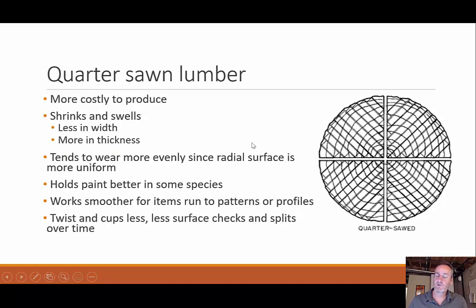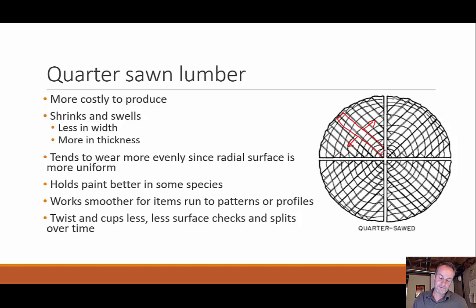Now looking at quarter sawn, this is a more expensive process, however it has many more advantages. It does shrink and swell less in the width and more in the thickness, and you should be able to see that, right? Because we said in the radial direction the shrinking and swelling is less, but it'll have more in that direction. So kind of the opposite of what we had with our plain sawn.